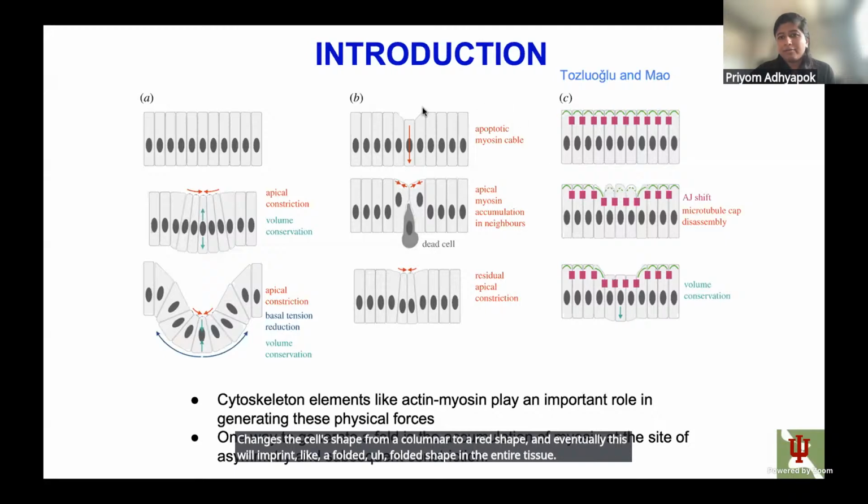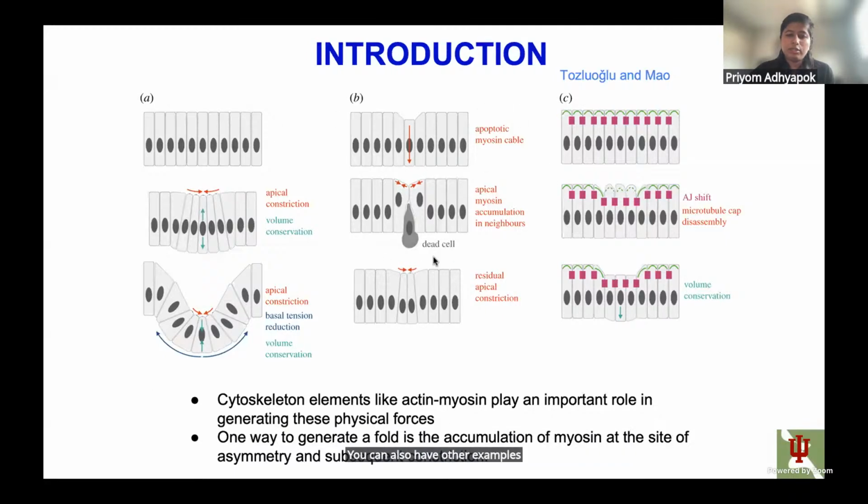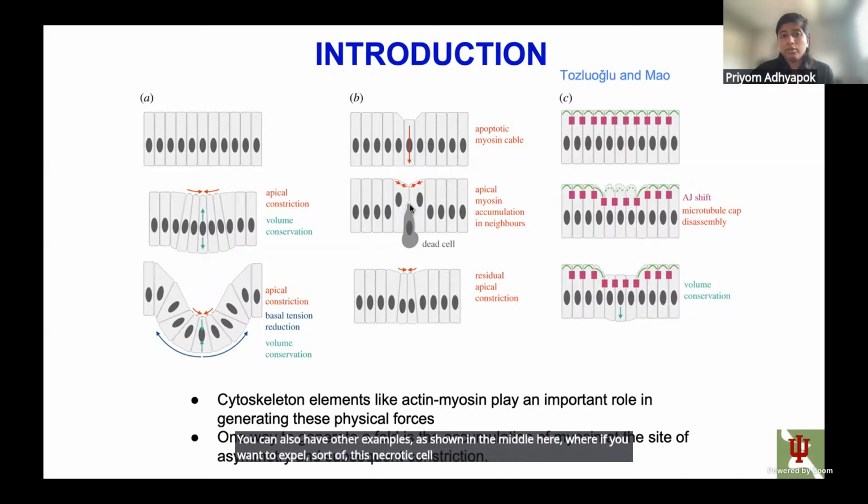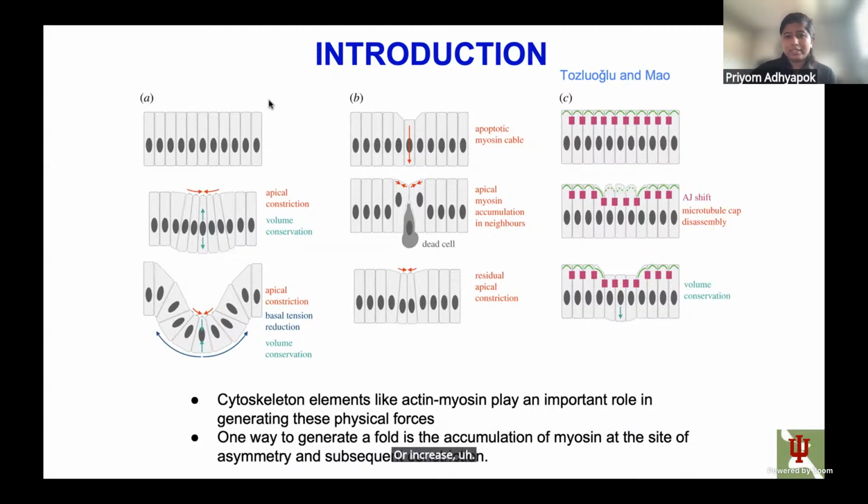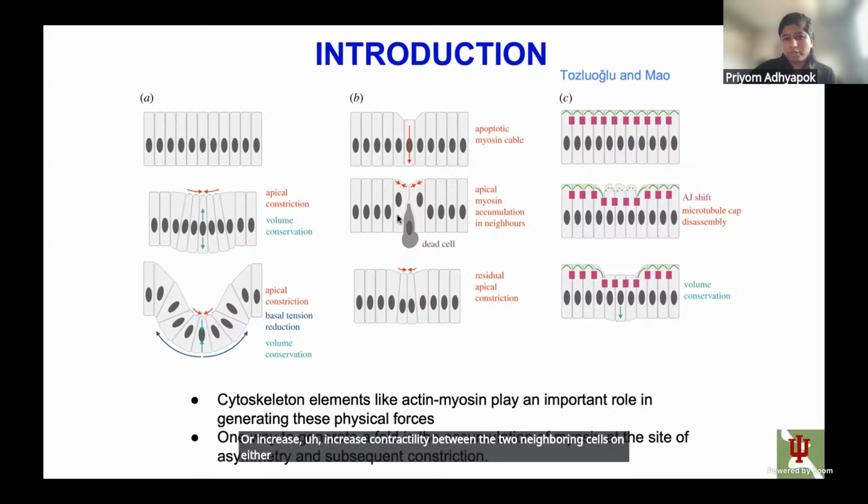You can also have other examples, as shown in the middle here, where if you want to expel a necrotic cell out of the tissue, you can change the cell behavior on either side and either elongate or increase contractility between the two neighboring cells to expel that cell.